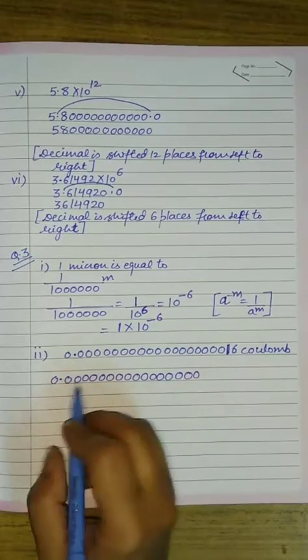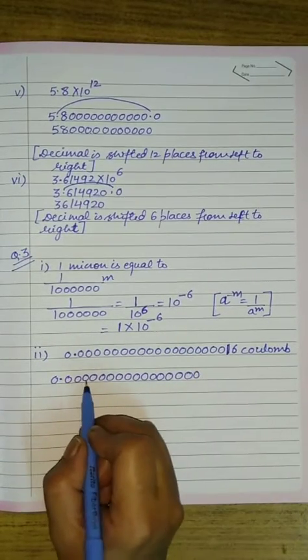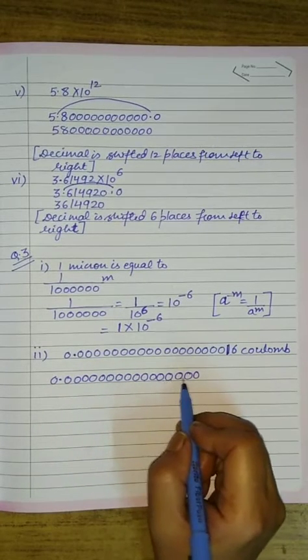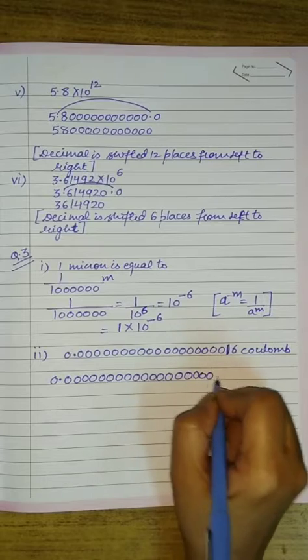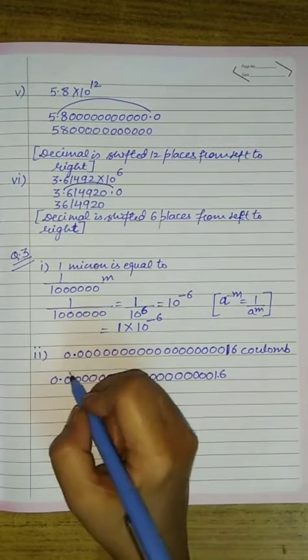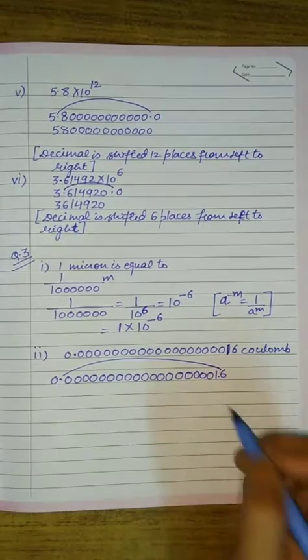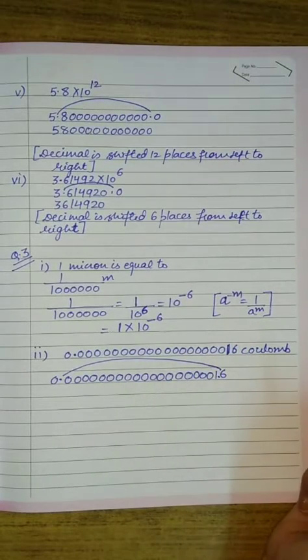So I have written 18 zeros: 1, 2, 3, 4, 5, 6, 7, 8, 9, 10, 11, 12, 13, 14, 15, 16, 17 and 18. Now the decimal is shifted 19 places to get it after digit 1.